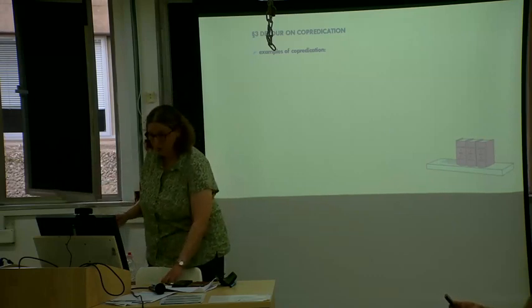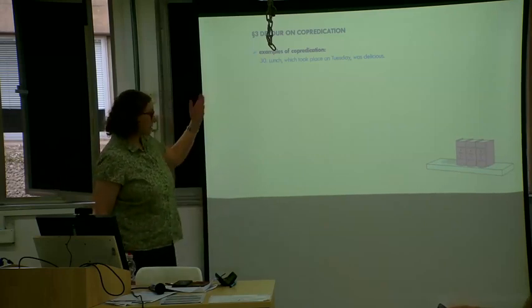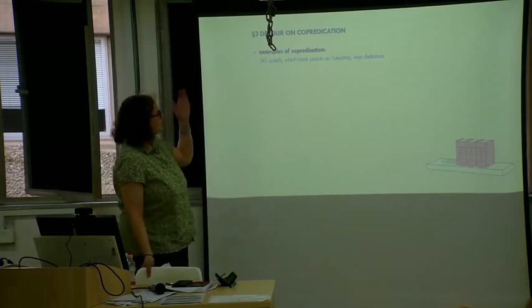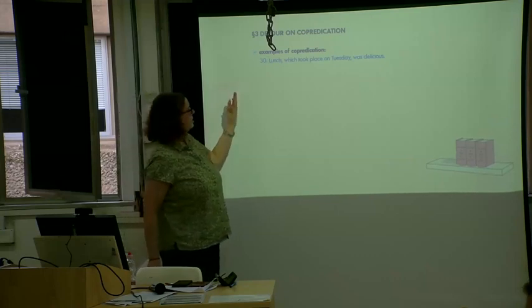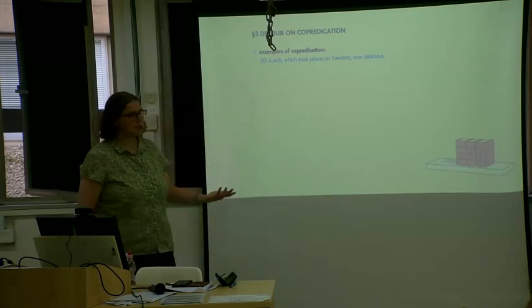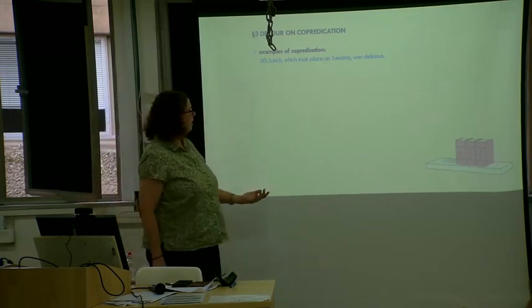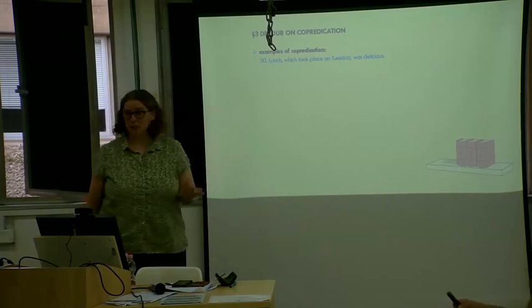So here are some examples. They're going to look a little familiar from the first part of the talk, but these come up in a different debate. So think of: lunch, which took place on Tuesday, was delicious. So the thought is, look, lunch could either pick out a bit of food, which can be delicious but not take place on Tuesday, or it can pick out an event which can take place on Tuesday but not be delicious.